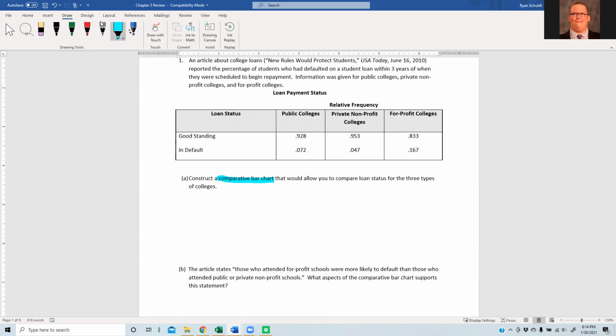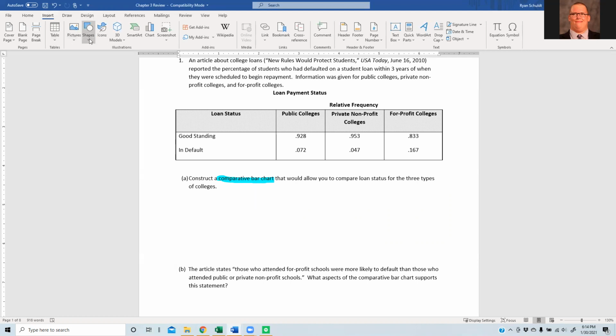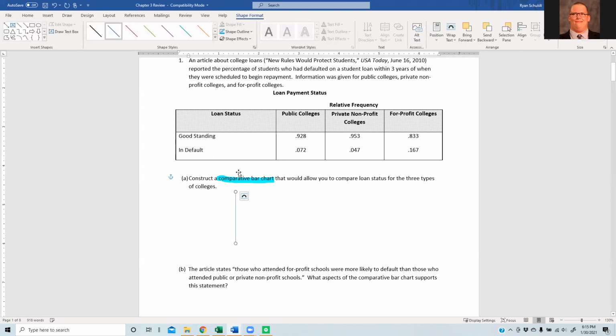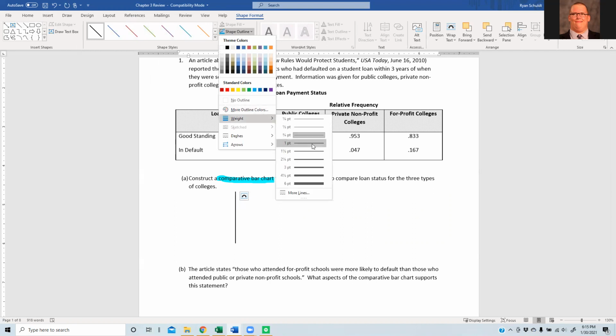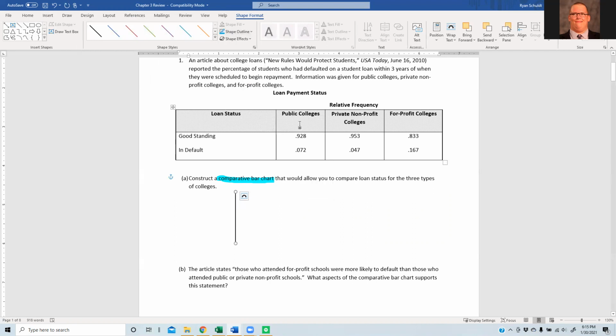Okay, first thing, since we're doing the bar chart, we need a set of axes. So let me insert a set of axes that we can use. Okay, there's that one.